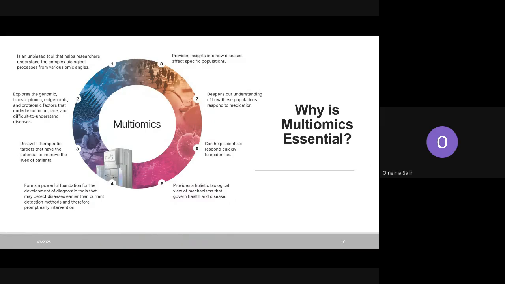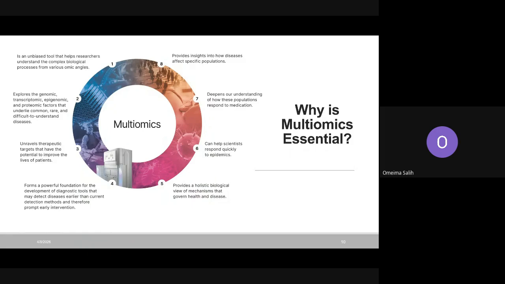And when we say disease, we mean in human, in any organism. It could be a plant, it could be insects, it could be all these types of organisms. Then you can use multi-omics to understand the different diseases.